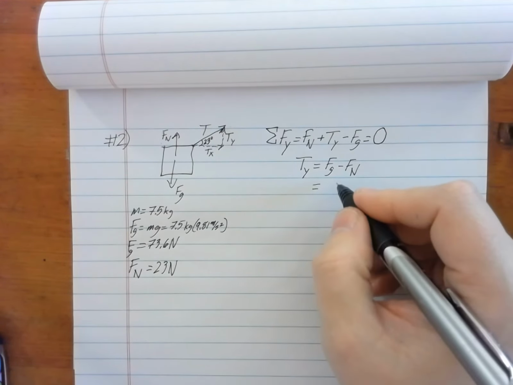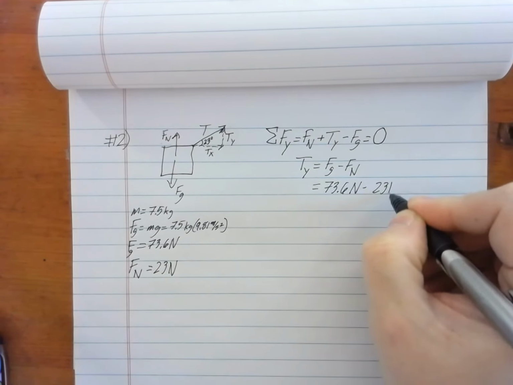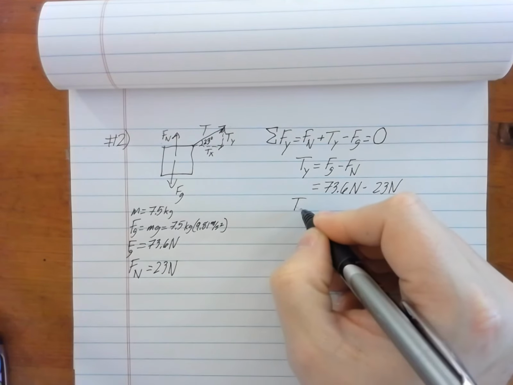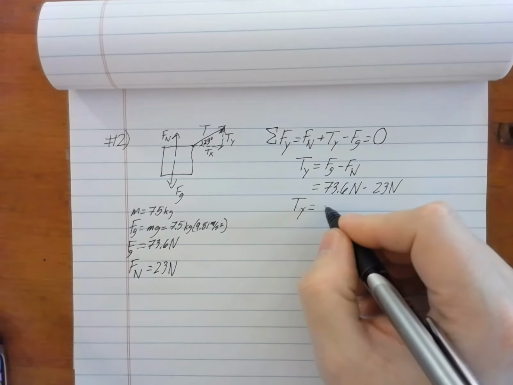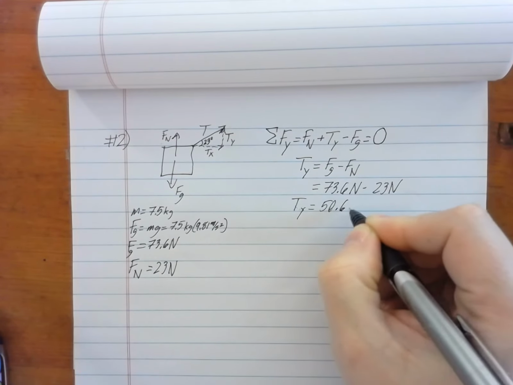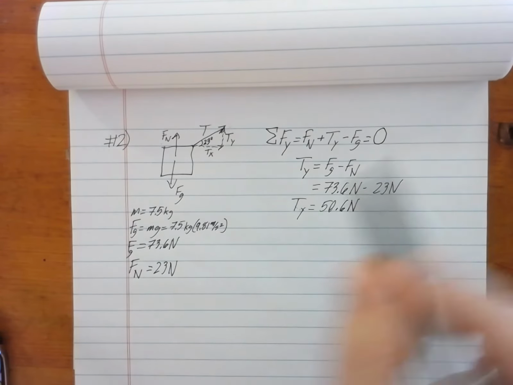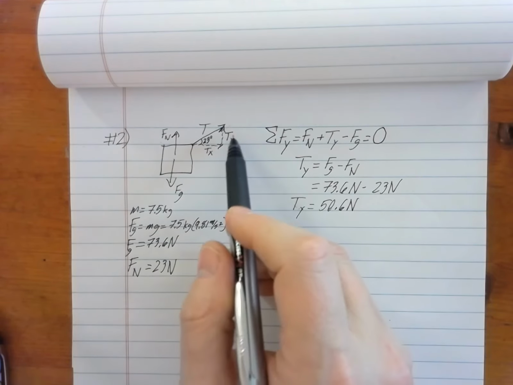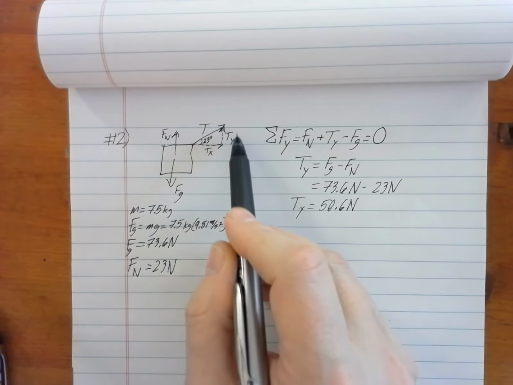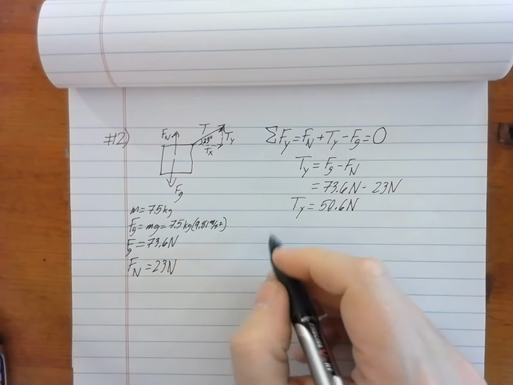And we just plug in our values, so 73.6 newtons minus 23 newtons gives us a Ty of 50.6. Okay, so what does that tell us? That tells us the size of this component of the full tension. So if we know this component is 50.6 acting at a 23, we can solve for T.